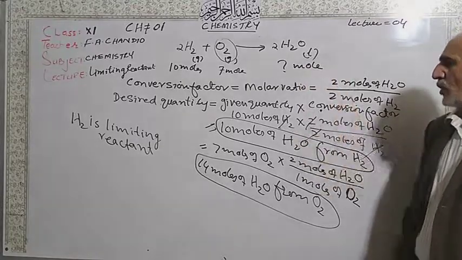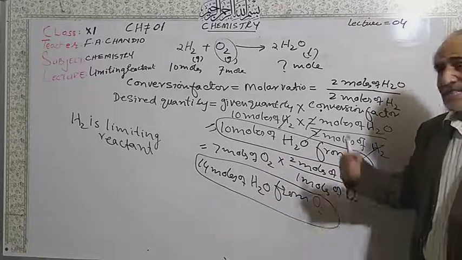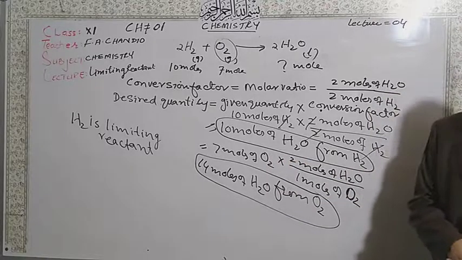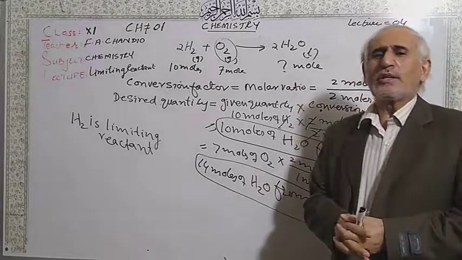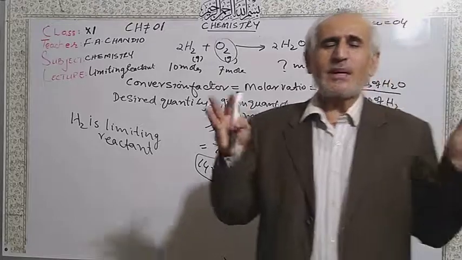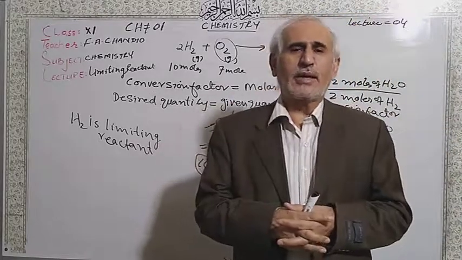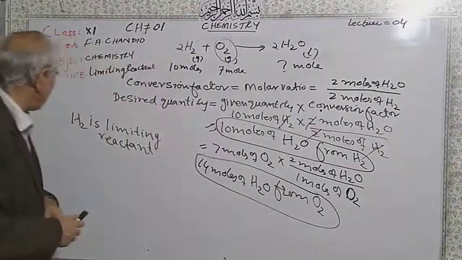Fewer moles of water, 10 moles of water produced. So it is the limiting reactant, which is consumed earlier during the chemical reaction, and the chemical reaction stops. So this is the method to calculate the limiting reactant, and from the limiting reactant you can also calculate mass.